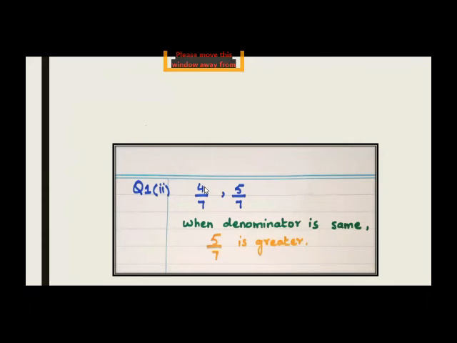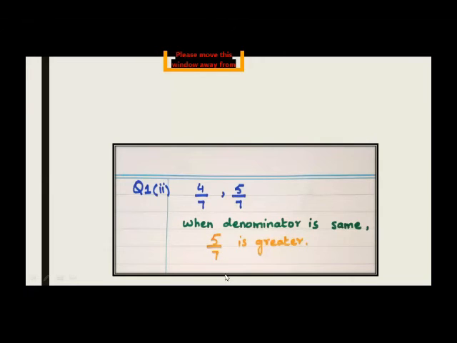Now, 4 upon 7 and 5 upon 7. Now you have to tell me which fraction is greater. Here the denominators are the same, and this is case number 1: the greater the numerator, the greater the fraction.